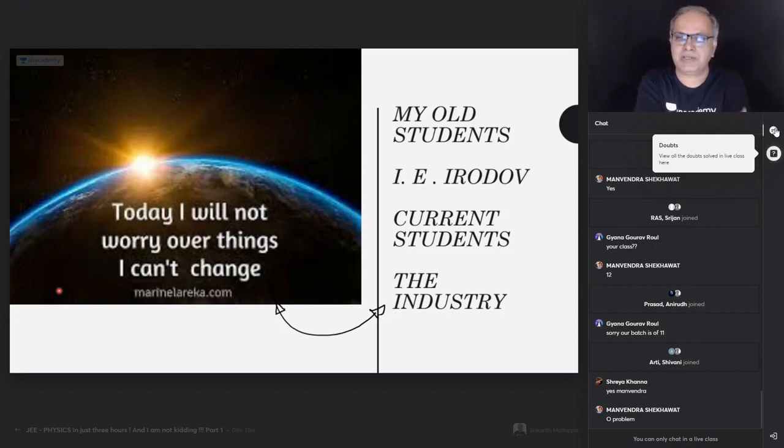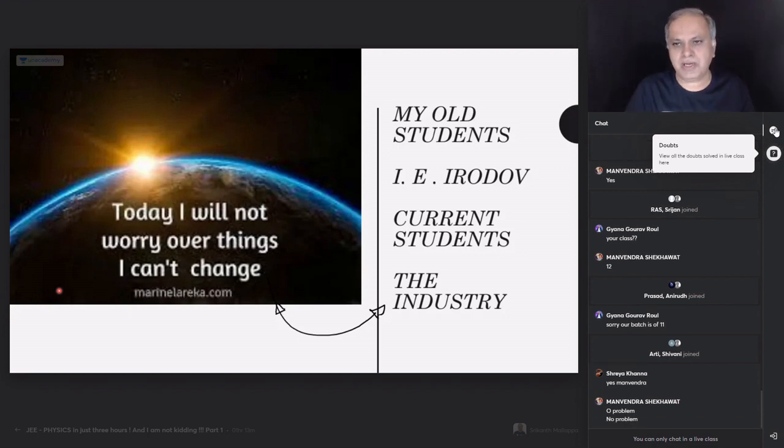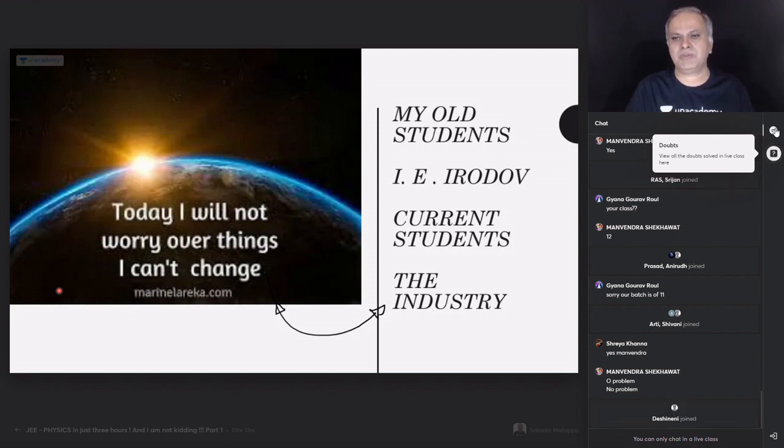Yes, my old students. My old students whom I taught with the top-down approach, and my old students whom I taught with the bottom-up approach. Actually, I like the students who grew up with the bottom-up approach. Top-down students are always slightly better in their endowments.